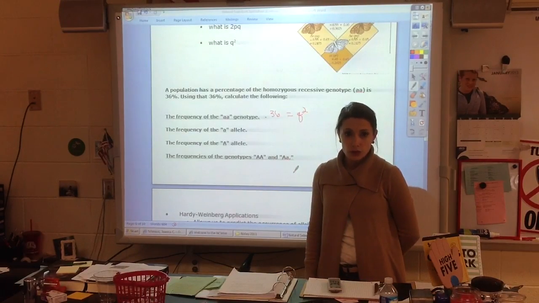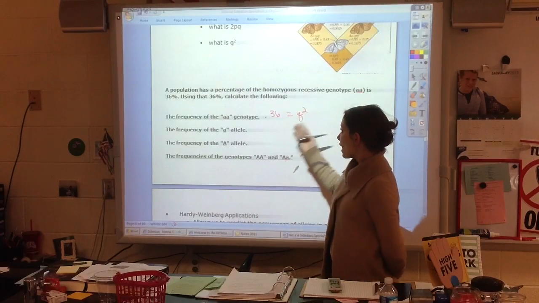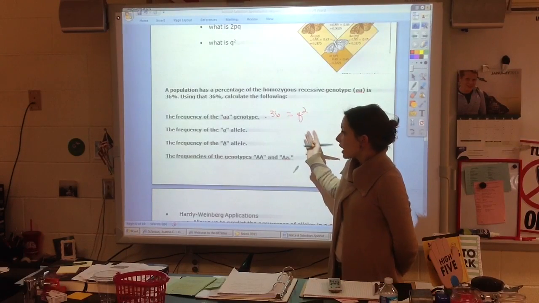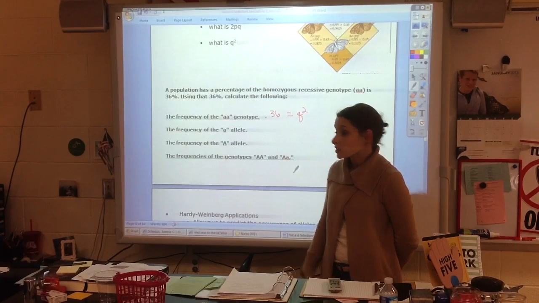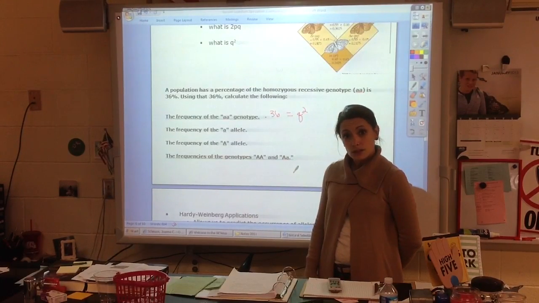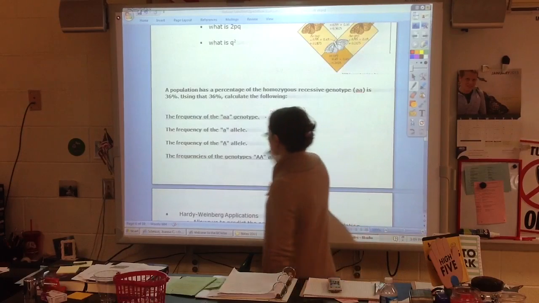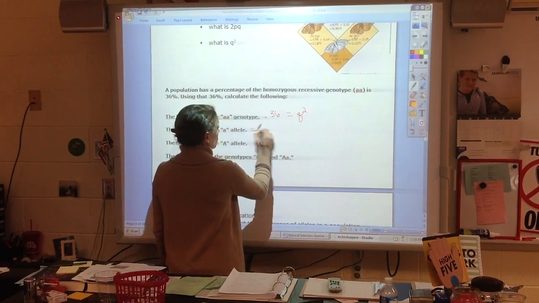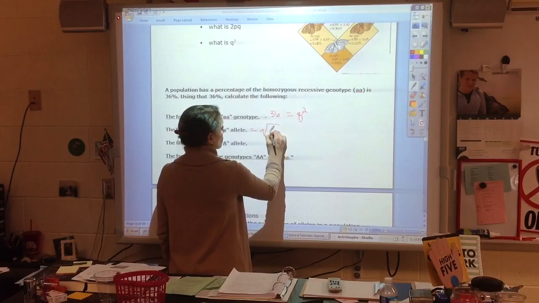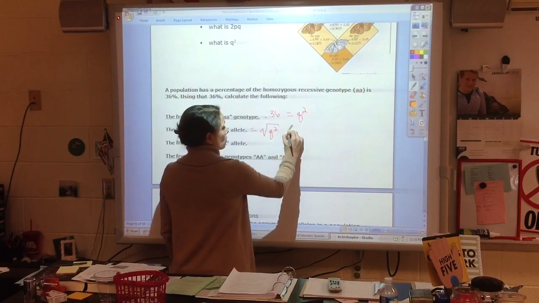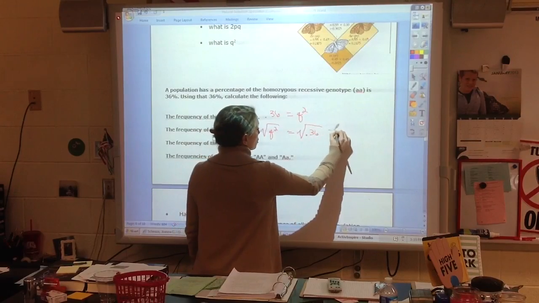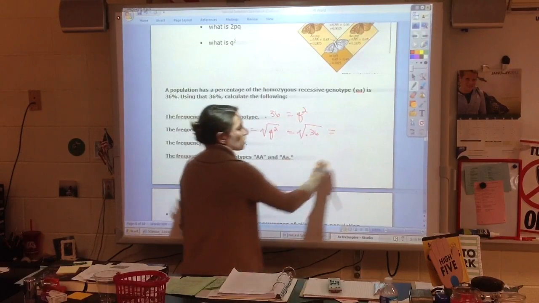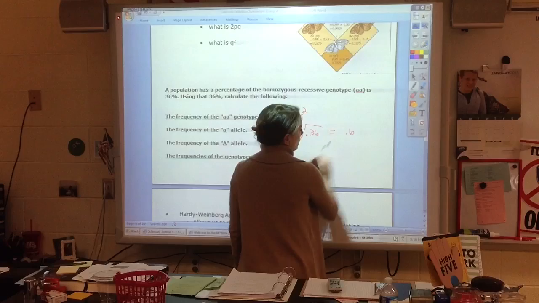0.36 is Q squared. So if I have what Q squared is, and I want to know the frequency of the a allele, I really just need to take the square root of this. So this means that the frequency of the a allele is going to equal the square root of Q squared, which equals the square root of 0.36, which, careful, equals 0.6.